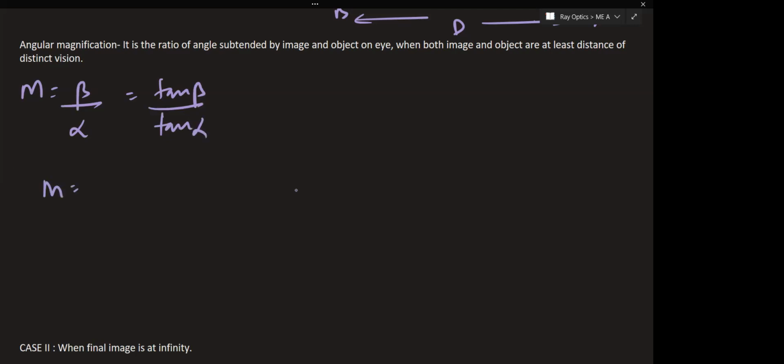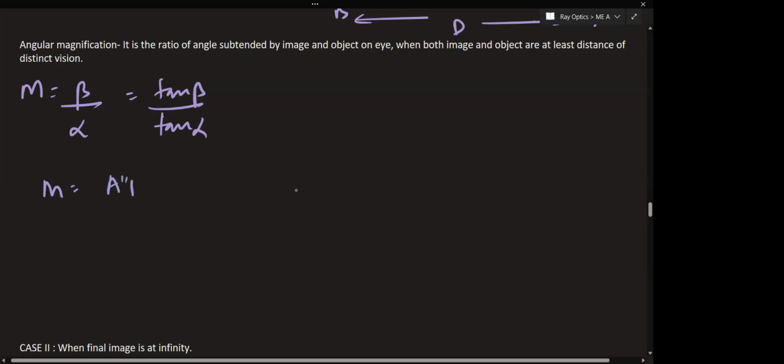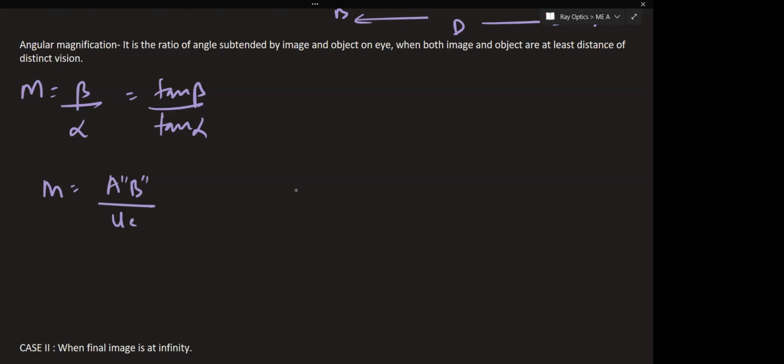So magnification will be what? See, tan beta is formed by the image, that is A double dash B double dash, the height of the image, by the object distance that is covered, that is UE, into tan alpha. Tan alpha will be the object, that is AB.